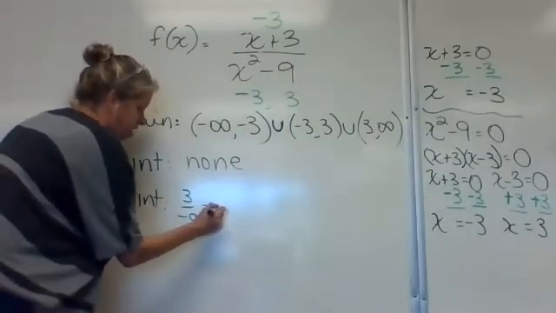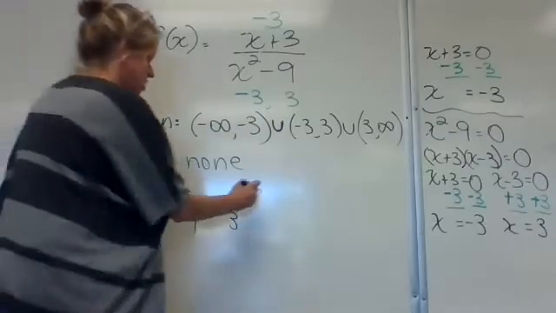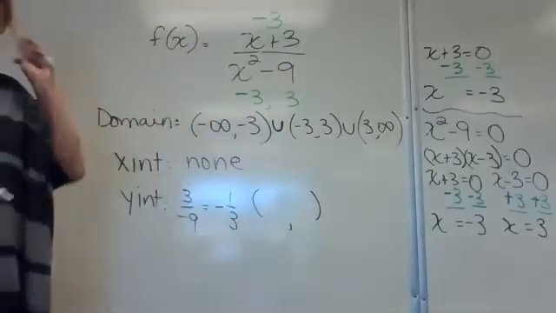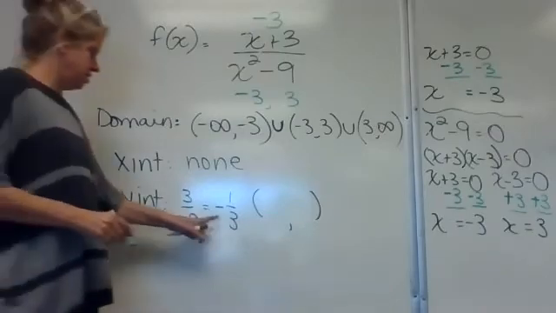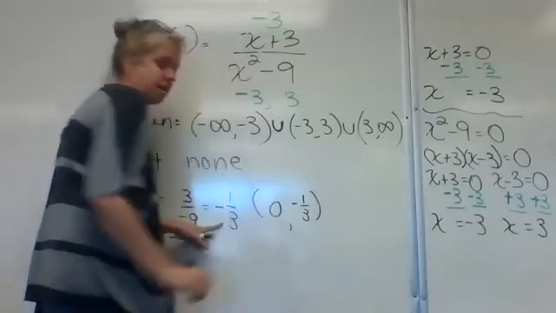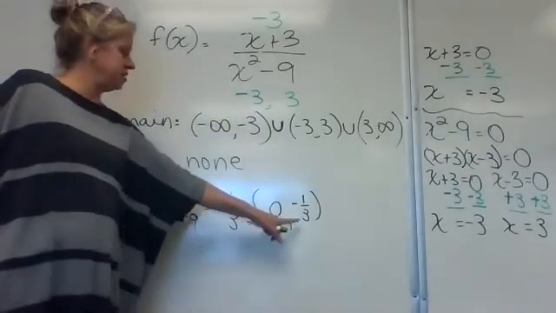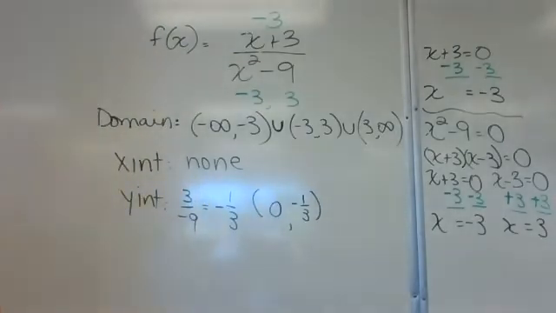So if I reduce that, it'll be negative 1/3. Now remember, intercepts are ordered pairs. It's the Y-intercept, so the number goes in the Y spot, the zero's in the other spot. So there's no X-intercept. The Y-intercept is at 0, negative 1/3.